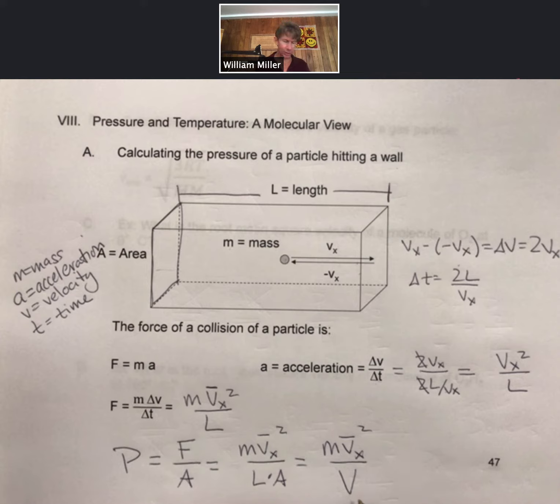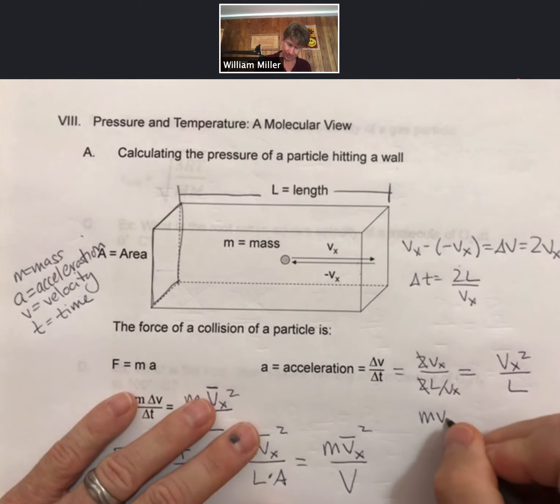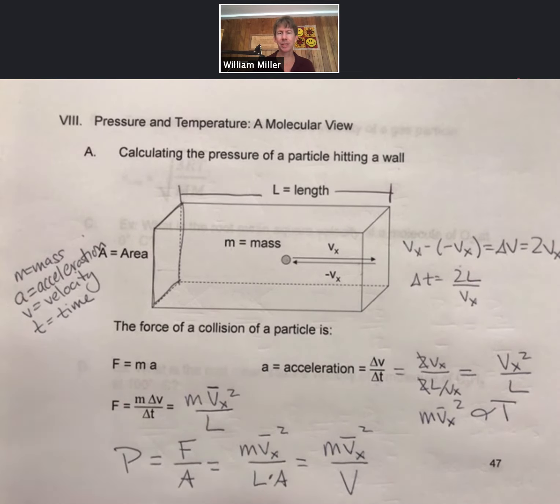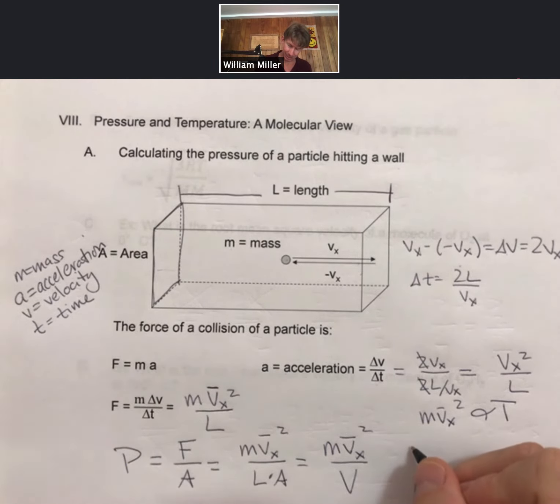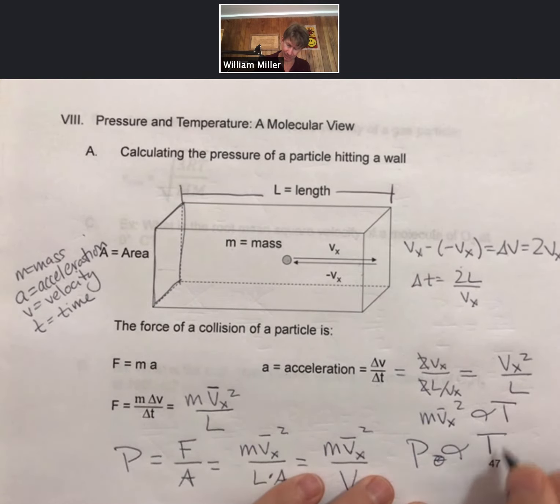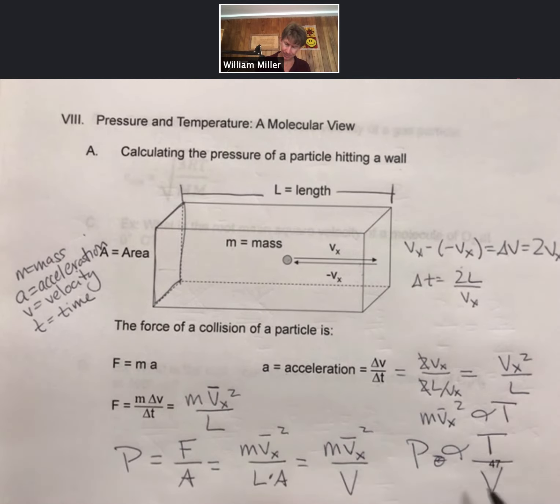And we can keep going along these lines. We can see that mv squared, v average squared, is going to be related to the temperature. And we have said previously that mass times velocity squared is proportional to temperature. So we can say P is proportional to T over V, where we take and put in the proportionality.